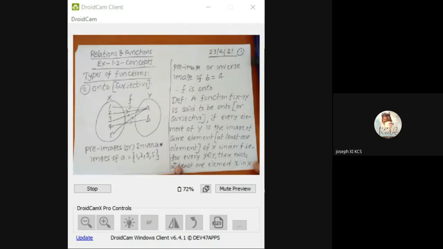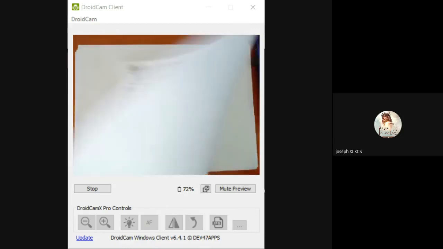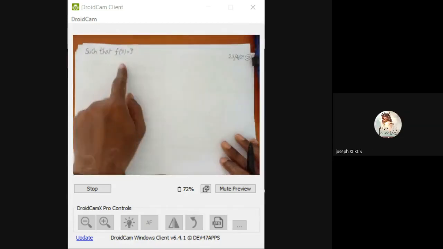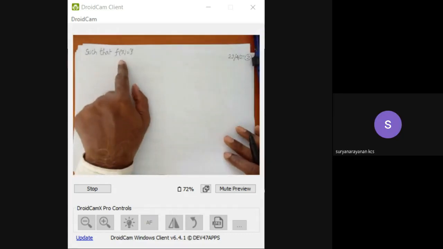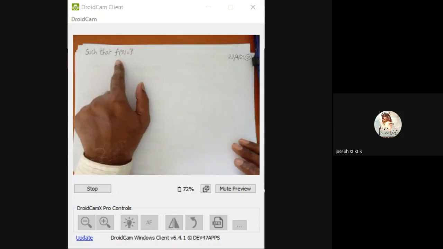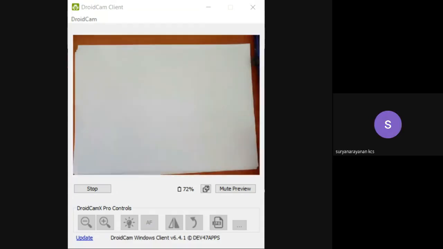That is, for every y belongs to Y, there exists at least one element x in X, such that f of x is equal to y. F of x is equal to y. Okay. Learn this definition well.